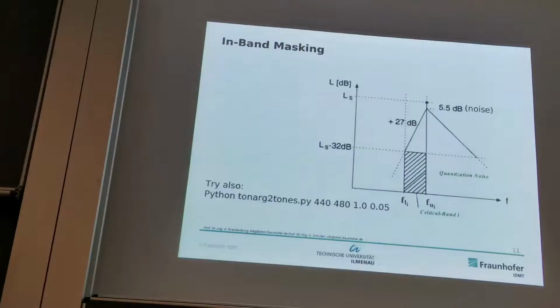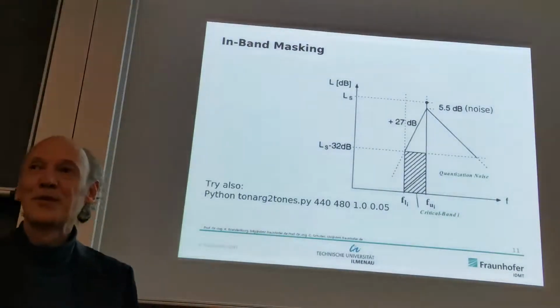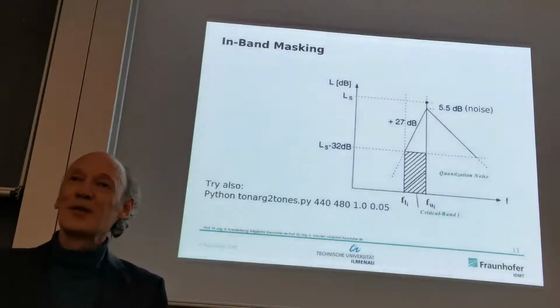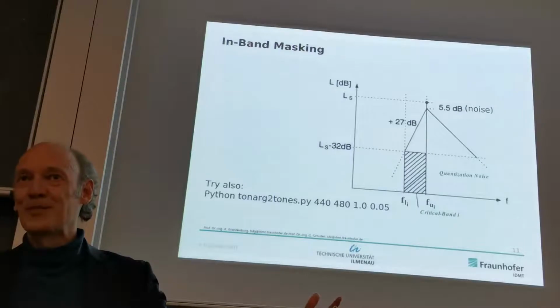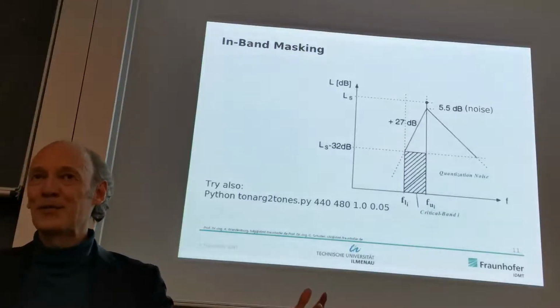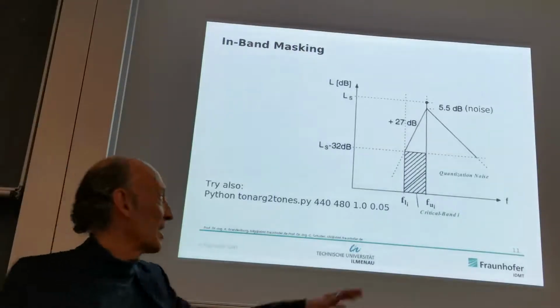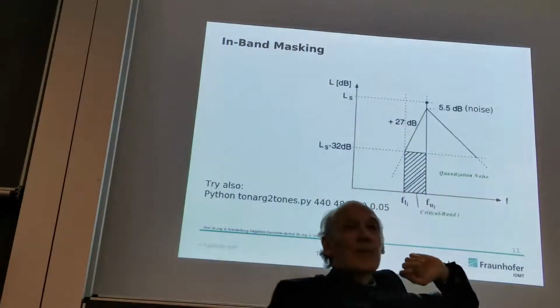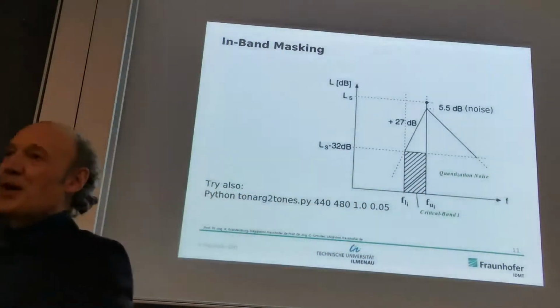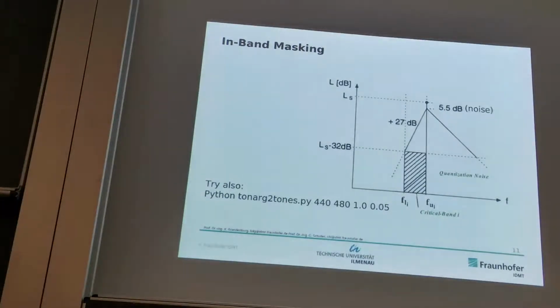And that's basically what we built it for. We want to have a coder and decoder such that the decoder plays back the music and it sounds exactly the same as the original. That's our goal. So we want to hide something below this masking threshold, our quantization noise. So we have quantization noise, but it's inaudible.